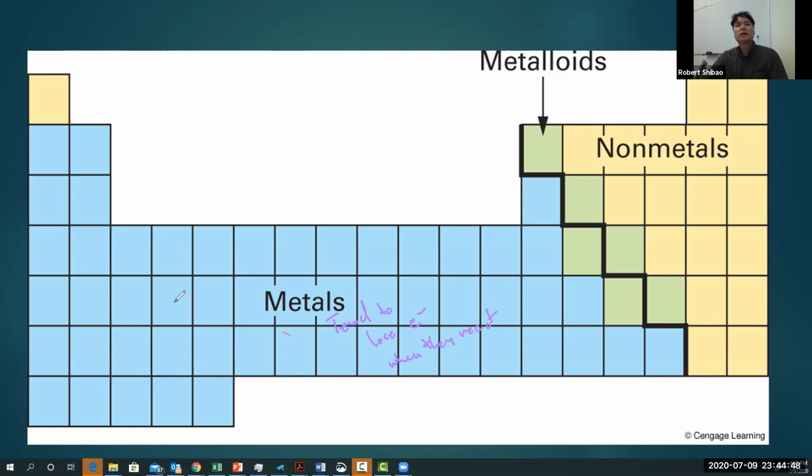Well, if they lose electrons, what happens is it forms what are called ions. Ions are charged particles because they have a mismatch of protons and electrons. And so let's take a look at some of these here and see if we could see a pattern in the metals here.